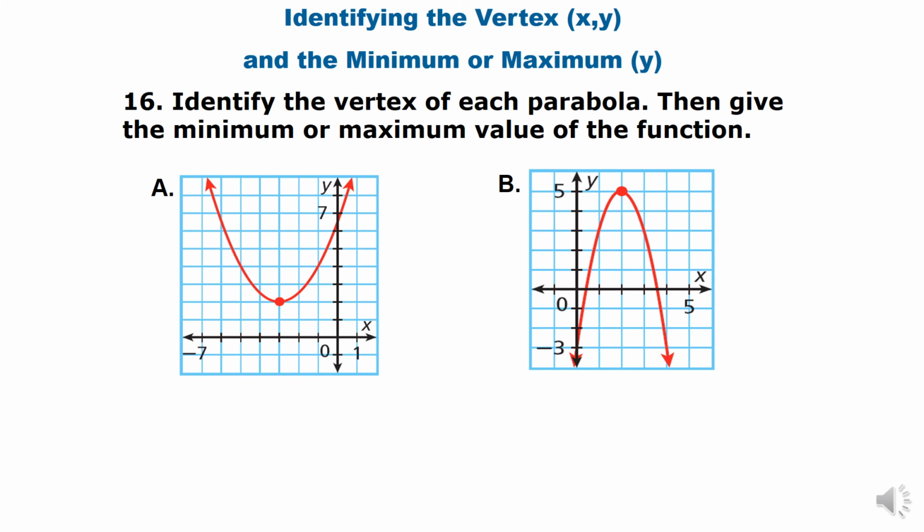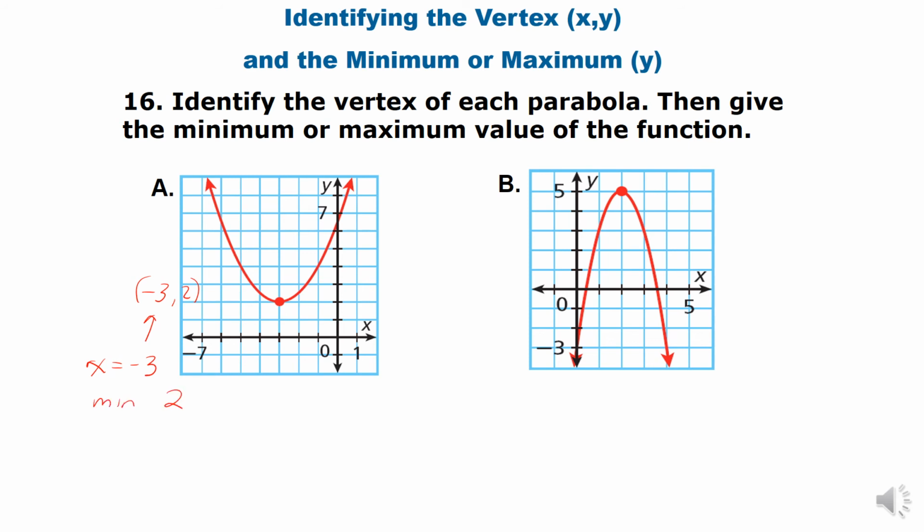Okay, so identify the vertex. So the vertex here on this one is (-3, 2). So my axis of symmetry is x equals -3, and my minimum is 2.